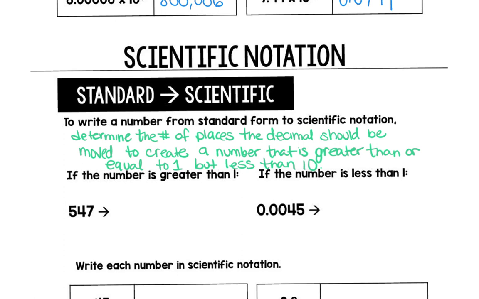So let's think of this number right here, 547. How do we take 547? Where do we put the decimal so that this number is greater than 1 but less than 10? That decimal place has to go right here, 5.47.